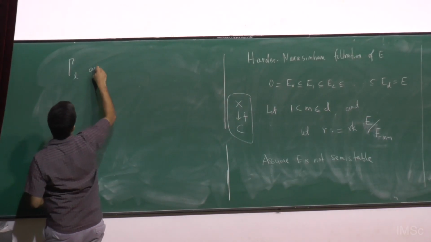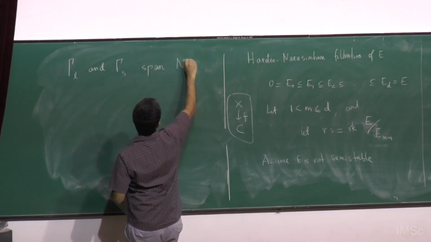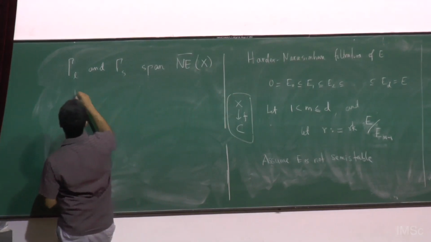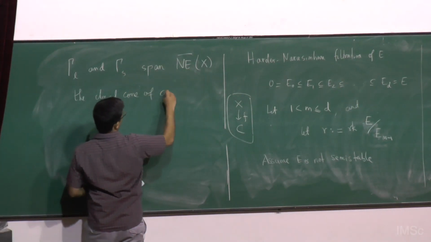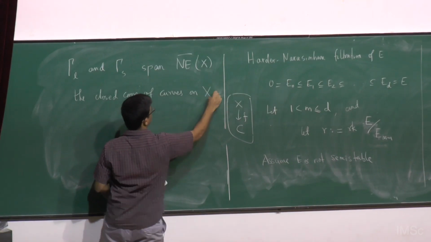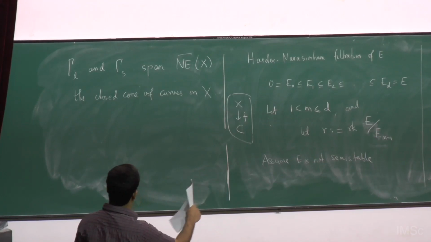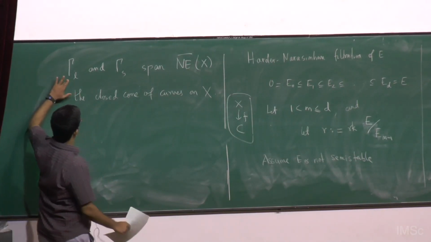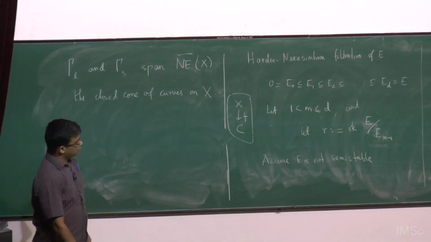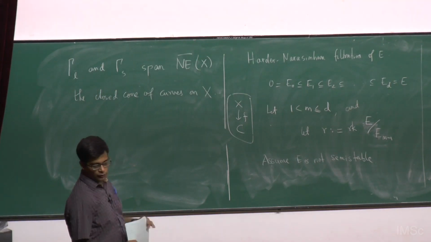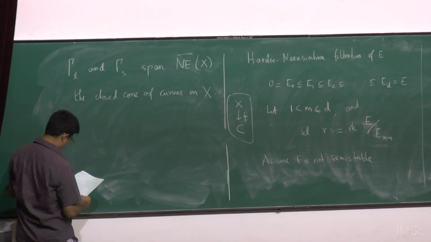Because this is dual to the Nef cone, and L with this has intersection 0, L with this has intersection 1, and M has a similar property. So they span the cone of curves. This is the dual cone. So with this data we can do some computations.